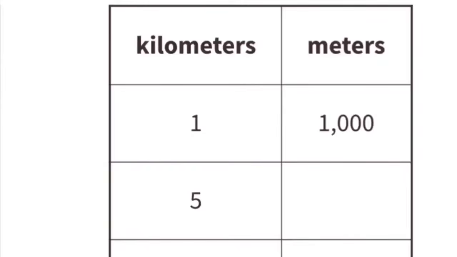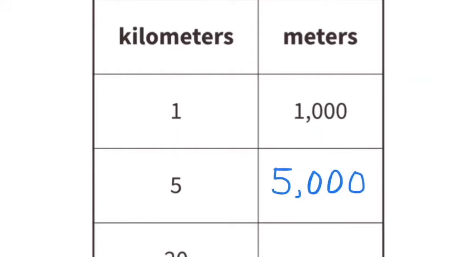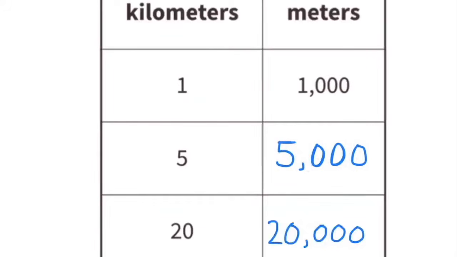On this table, 1 kilometer represents 1,000 meters. So for every 5 kilometers, I would have 5 times 1,000 meters. 1 kilometer equals 1,000 meters, 5 kilometers equal 5,000 meters. For every 20 kilometers, how many meters would you have? 1 times 20 is 20, and 1,000 times 20 is 20,000.